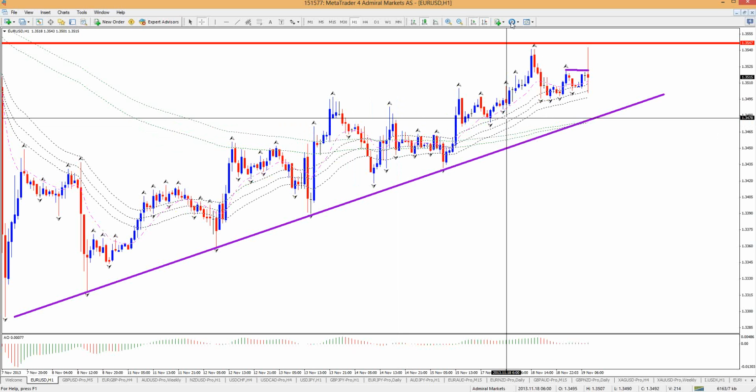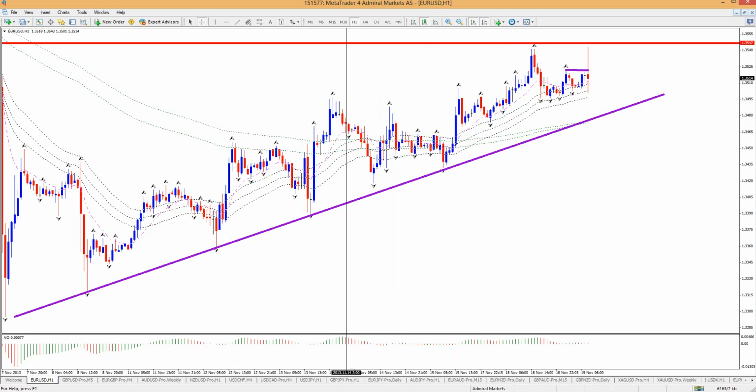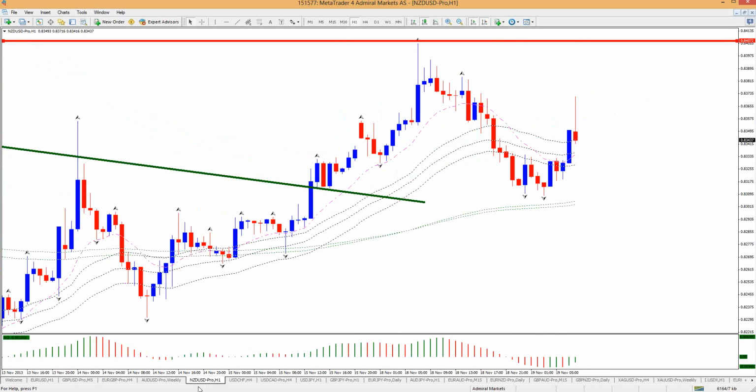Okay, great. So let's take a look at the Kiwi, and then we'll take a look at pound. Björn has a question on that. Arne is asking about the Kiwi. Well, that is a pretty big wick so far, indeed. Just like the euro, of course, we have to wait for that confirmation of how that candle looks like.